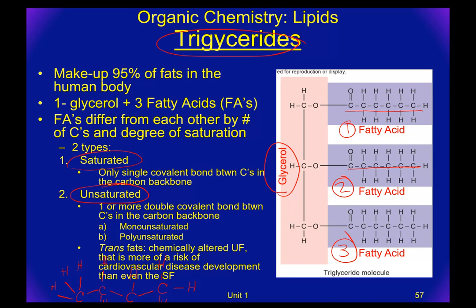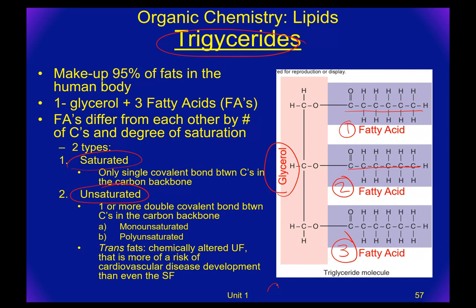Saturated means I have 4 partners for every carbon in a chain. This type of fat is actually not healthy for you. This is the type of fat that causes heart disease and things like that.